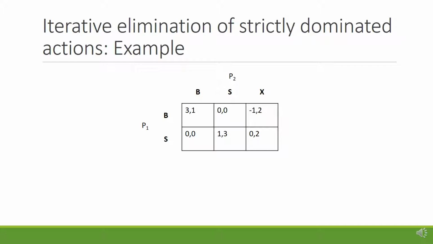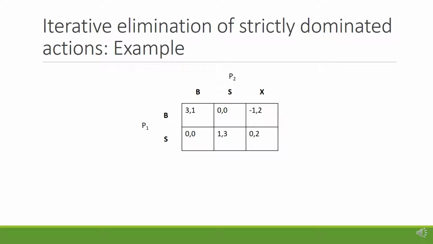If we observe closely in this game, we see that player 2's strategy B is strictly dominated by strategy X. If player 1 plays B, player 2's payoff by playing B is 1, whereas she gets a payoff of 2 by playing X. On the other hand, if player 1 decides to play S, player 2 is again better off playing X because it gives her a payoff of 2 rather than playing B, which gives her a lower payoff of 0.